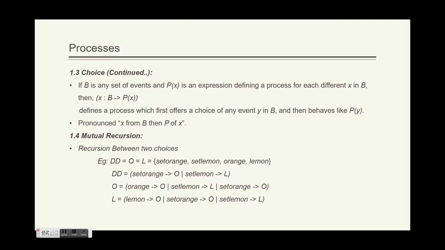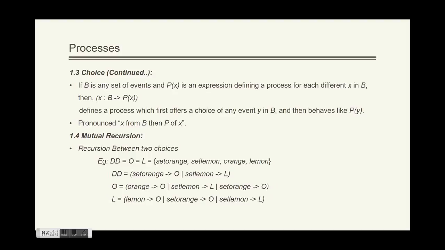lemon process is initiated. So when either of them is selected, either the orange or the lemon process, we have a set of event choices between the events in the processes orange or lemon.